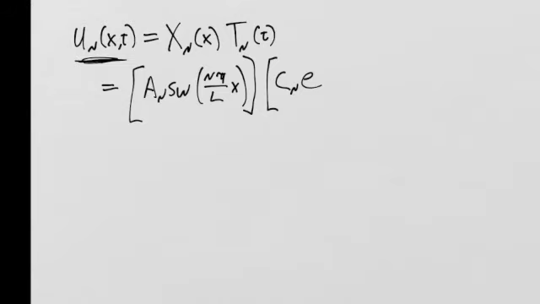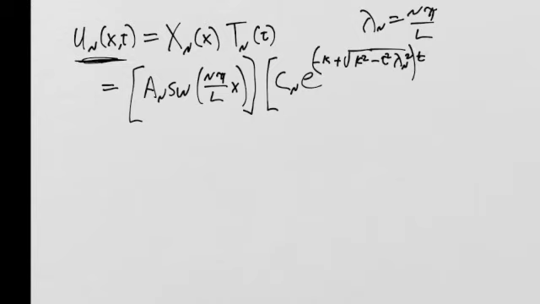It's going to be raised to the power minus k plus the square root of k squared minus c squared lambda n squared, where lambda n equals n pi over L. And this is times time. So it's sort of this times time.